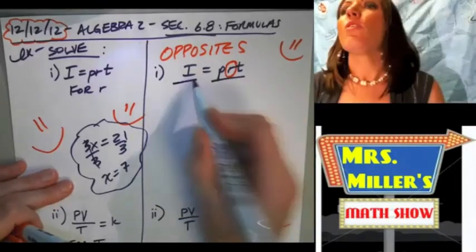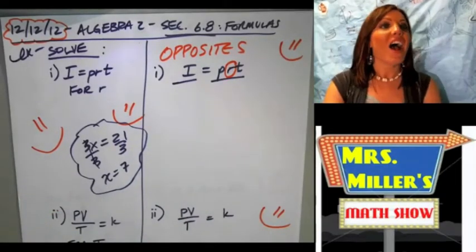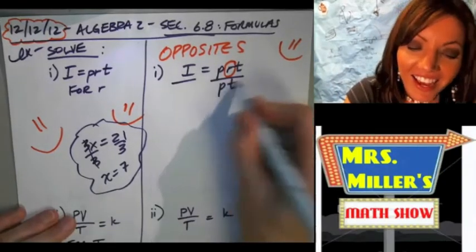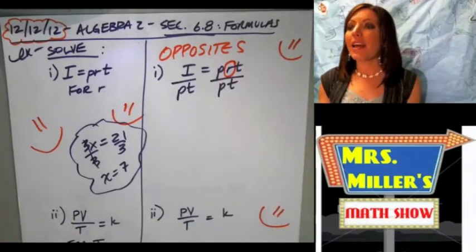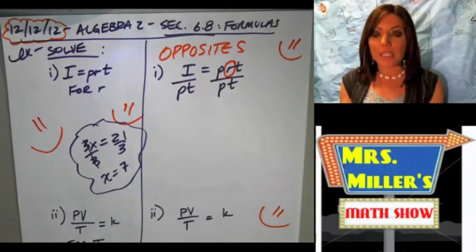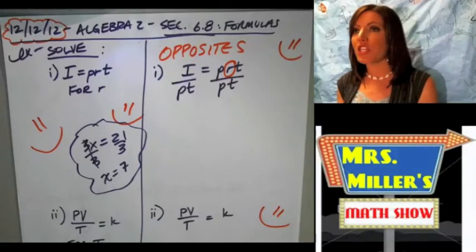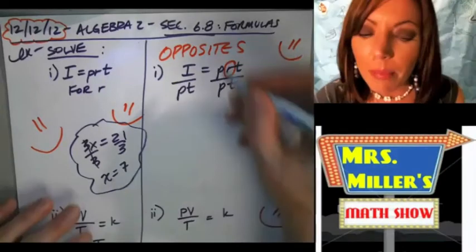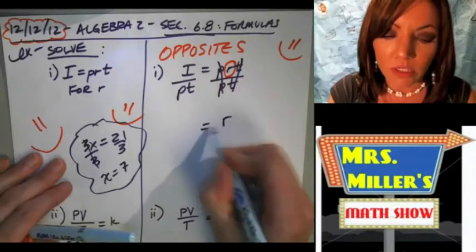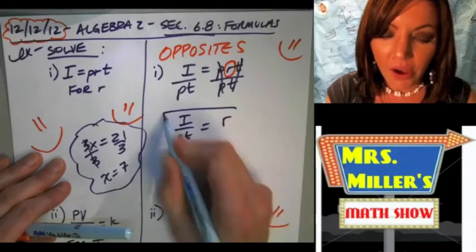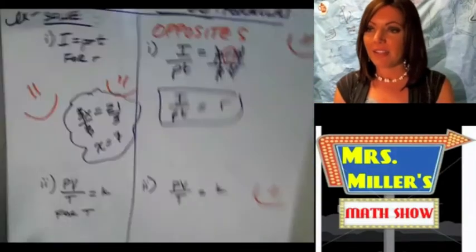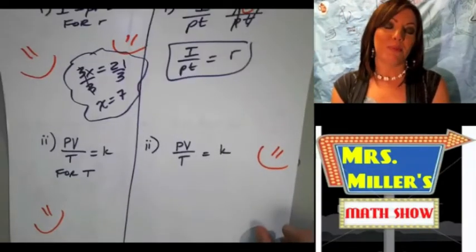What she said was that R is right now being multiplied by P and T. The opposite of multiplication is division. So to get the R by itself, we have to divide by P and T. Okay, so we get R equals I over PT.